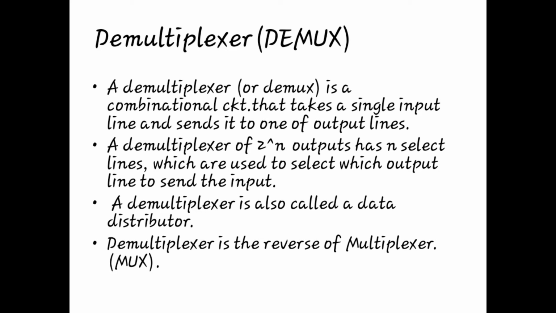So what it means here is, with a single input it will have multiple output lines. It is basically the reverse of the multiplexer.